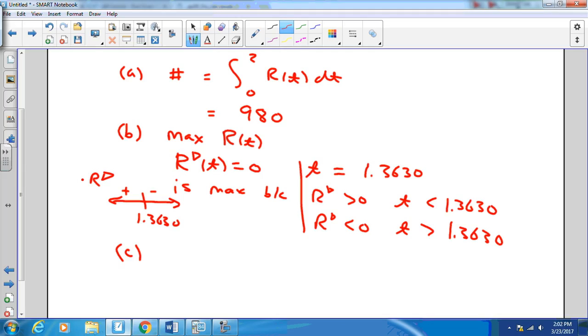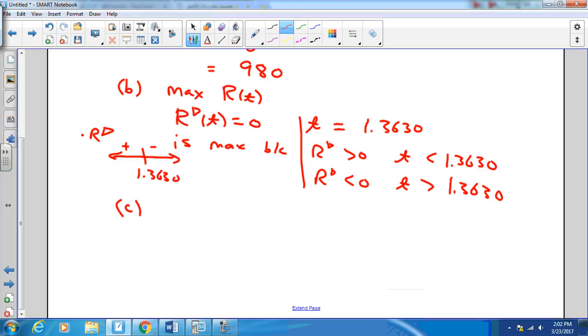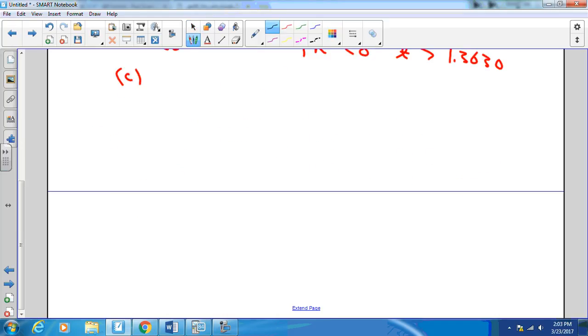Okay. In part C, they ask us the total wait time for all the people in the auditorium. Now this question right here is confusingly worded, and so I want to put the wording here.